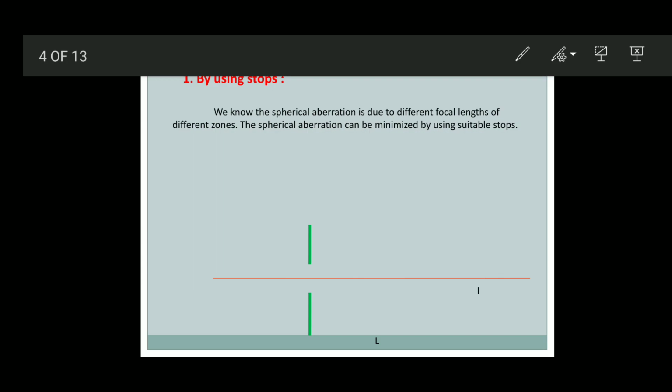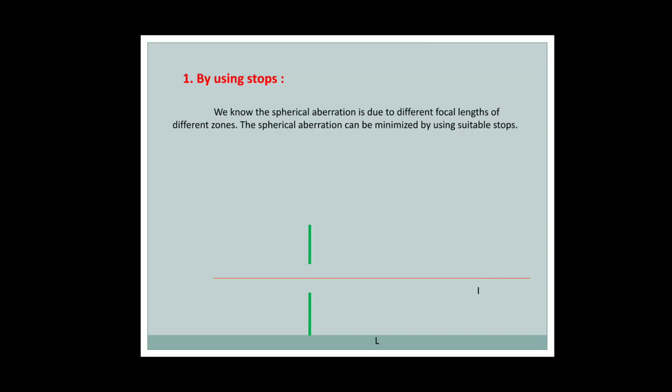Due to this change in focal length, the marginal image and the paraxial image are at a fair distance apart. This kind of defect is called spherical aberration. So by using a proper stop in front of the convex lens, we can minimize the spherical aberration.